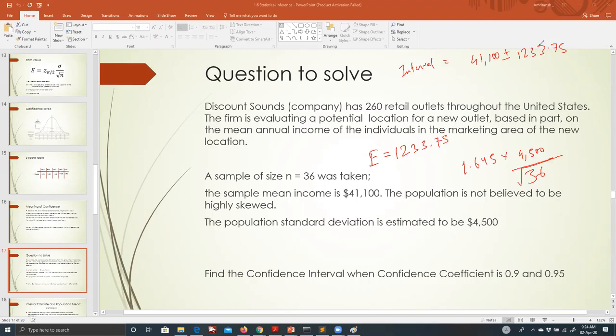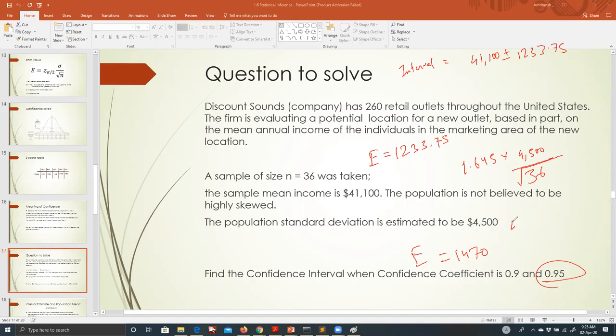What about 95%? 1470. Okay. In this case, you are saying it is 1470.